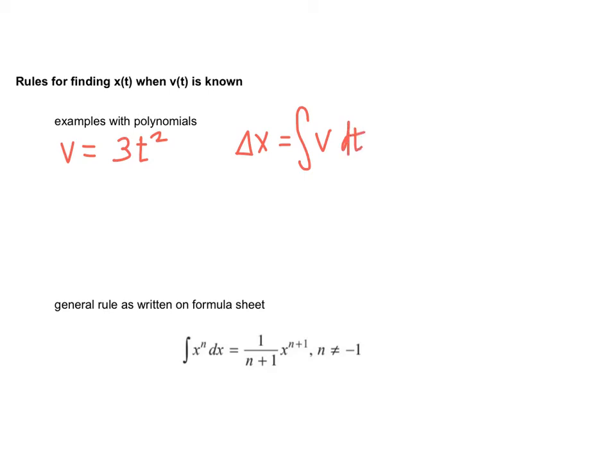What that means is that this little dt defines that time is the horizontal axis. That becomes important later on in our class. But what we're really doing is integrating 3t squared, again, with respect to time. This is just a formal notation that has to be included.